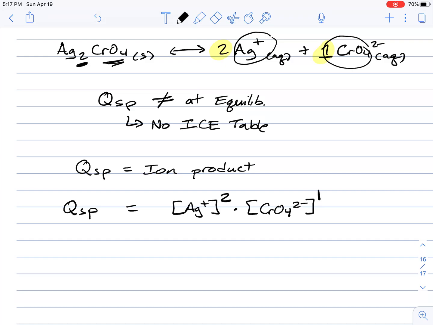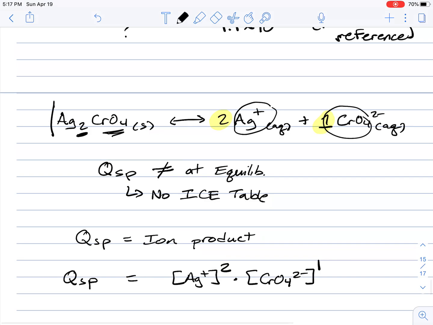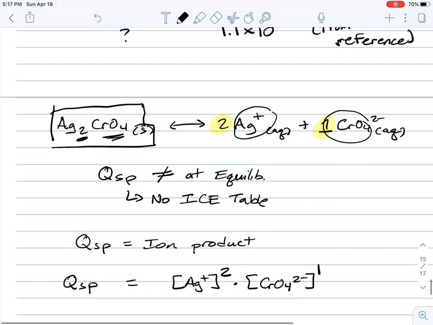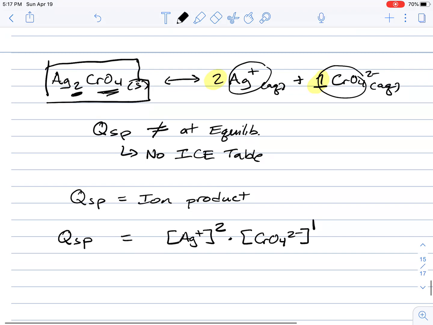And so I'm going to take a step back here. It's super, super important that you are able to write the chemical formula correctly for any substance. In this scenario, if you did not write the correct chemical formula, then the exponents in your mass action expression for Qsp will be wrong.